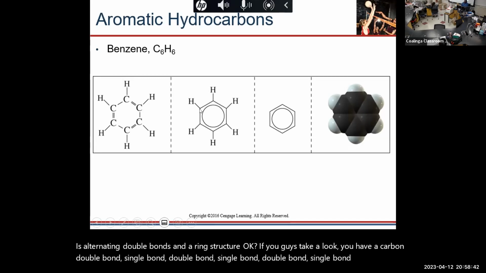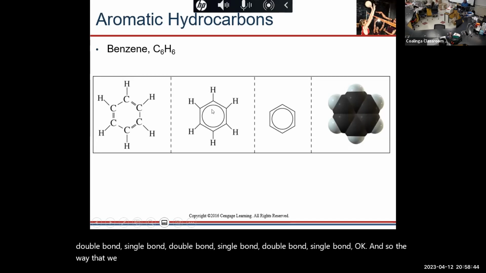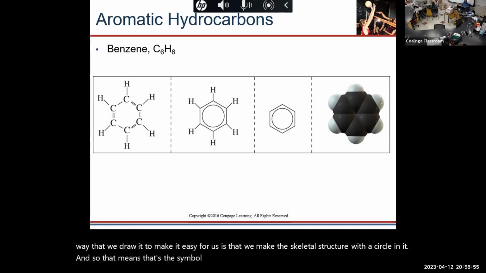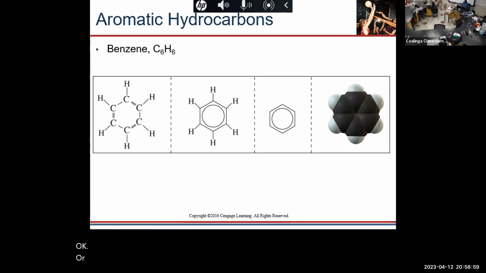Okay, and so the way that we draw it to make it easy for us is that we make the skeletal structure with a circle in it. So that means that's the symbol for benzene. Okay, or alternating double bonds. Okay, so this is what it looks like. Really, this is how we draw it for simplicity.